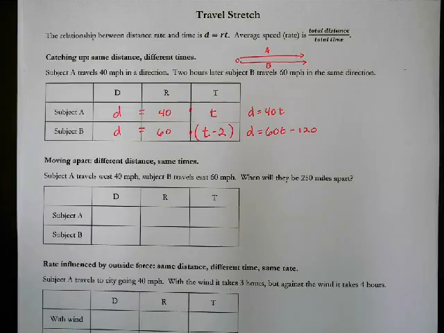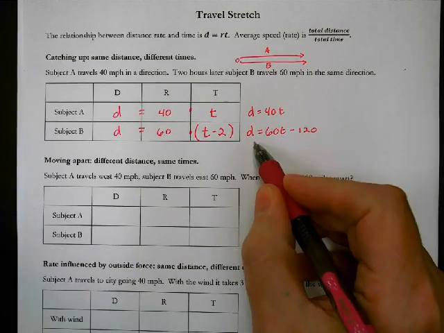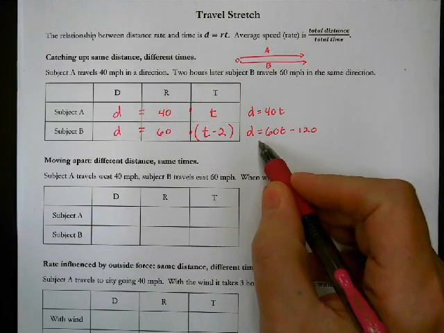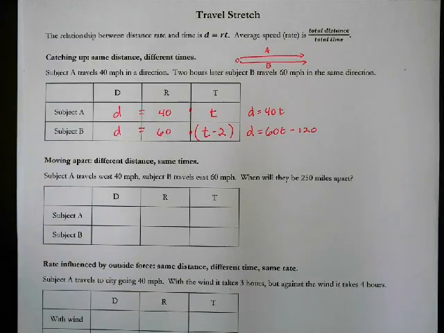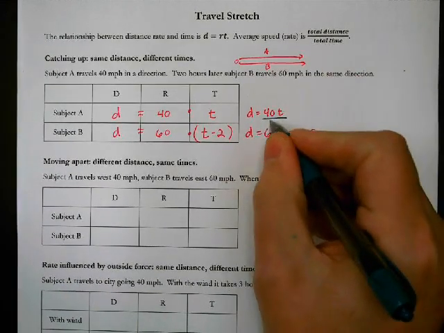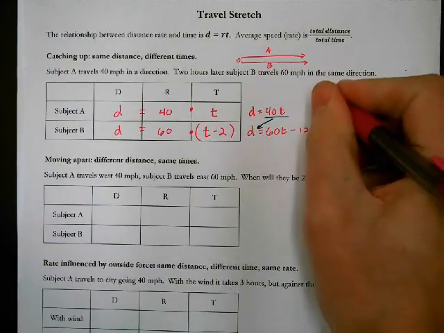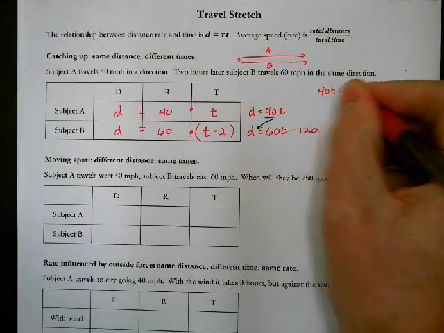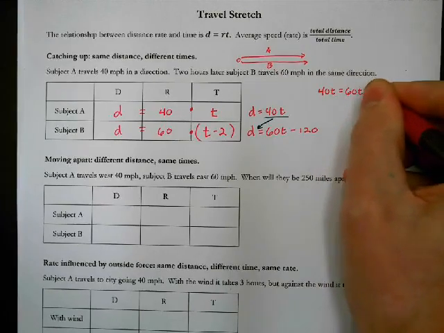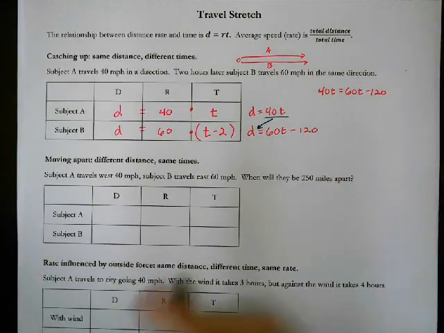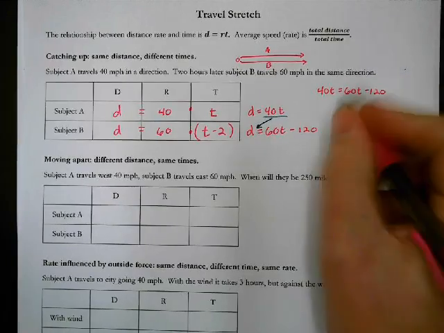We can solve this as a system. They're both equal to d, so using the equal values method, you can just substitute d with 40t. So your equation would end up looking like this: 40t equals 60t minus 120.